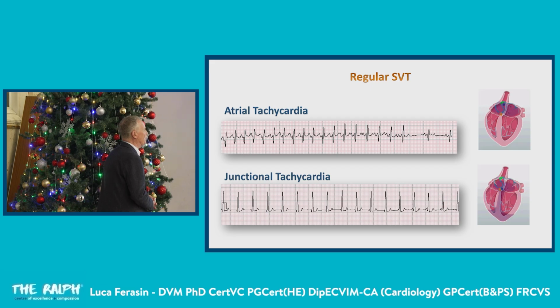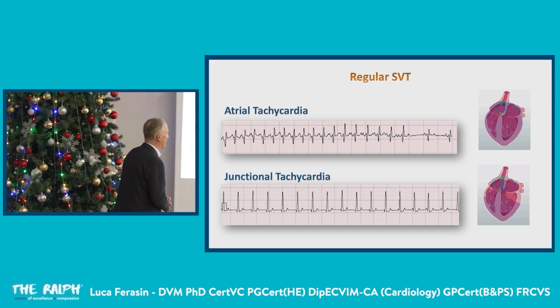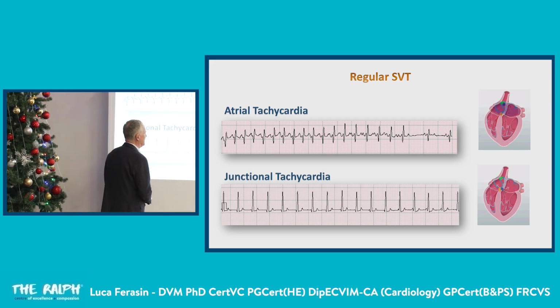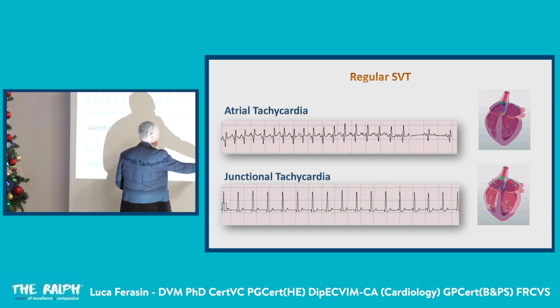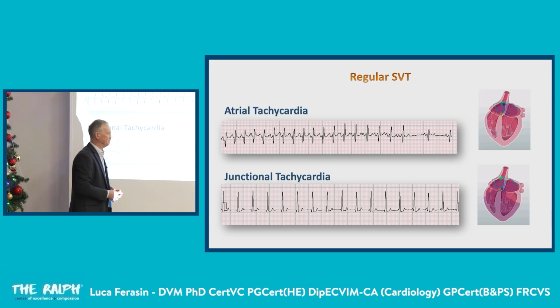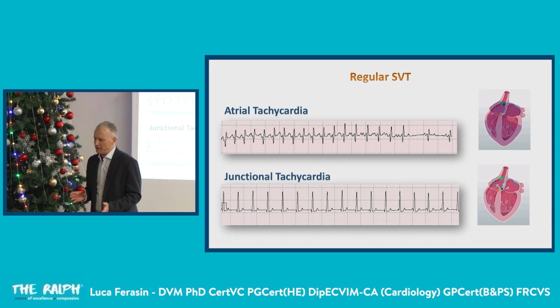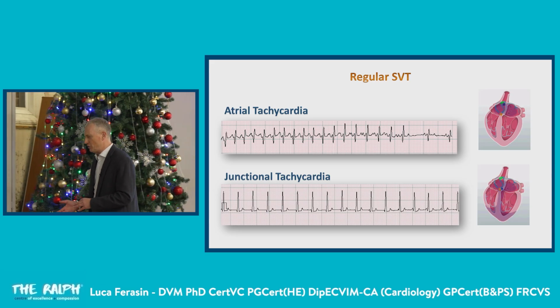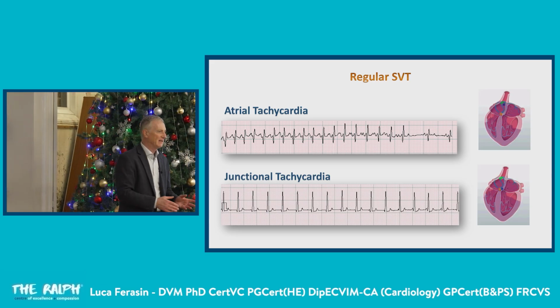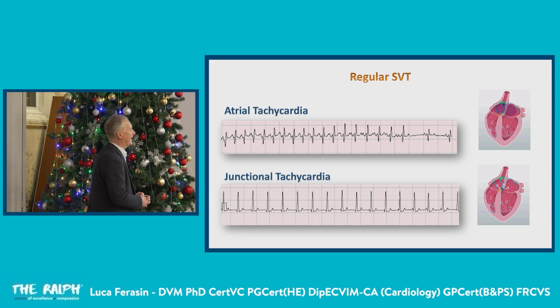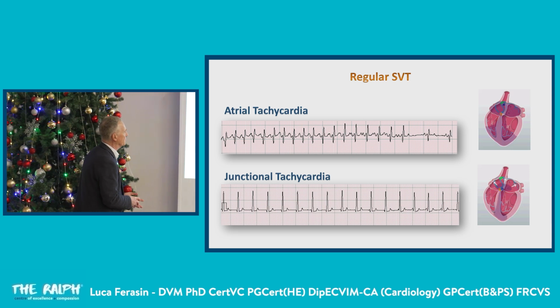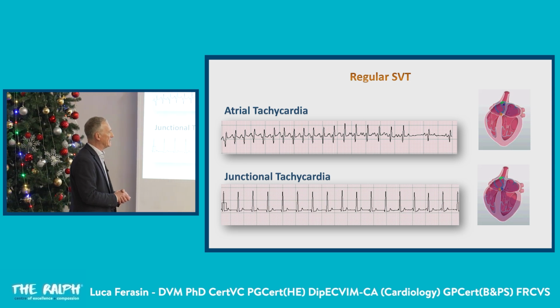For this reason, you don't really see a P wave, or sometimes the P wave may appear dissociated from the QRS complex. And there is a big debate whether the atrioventricular dissociation and the junctional rhythm are associated or are different entities. So even the big experts do not have a very precise answer to that.